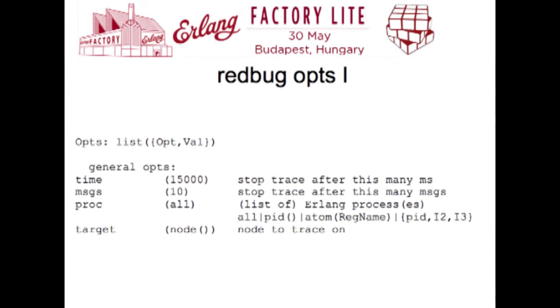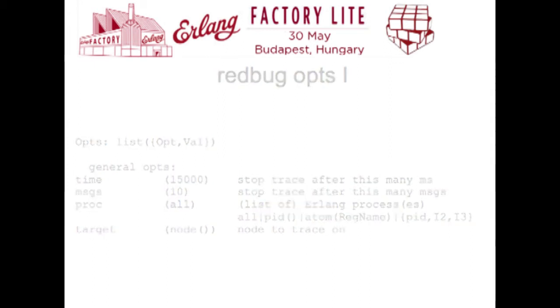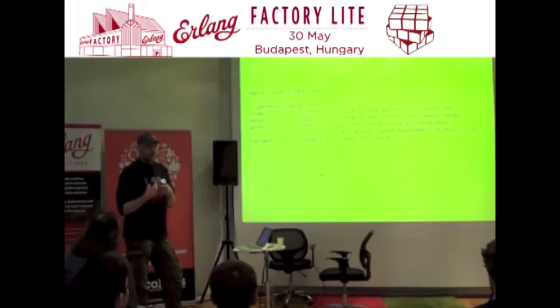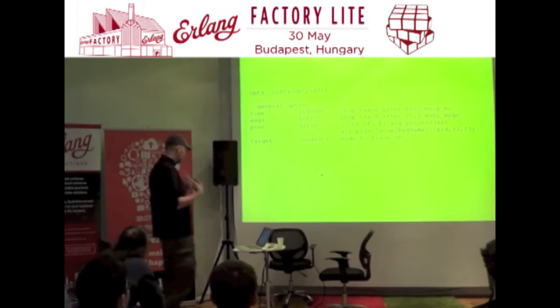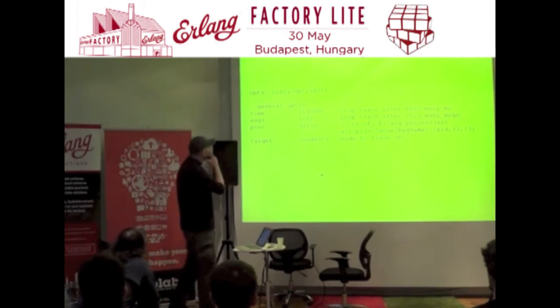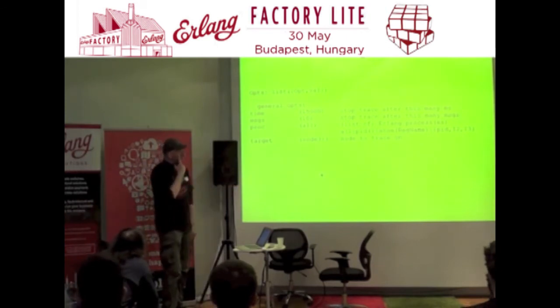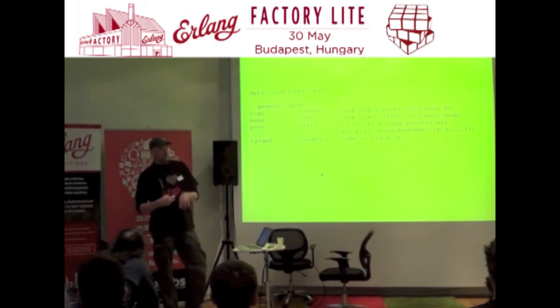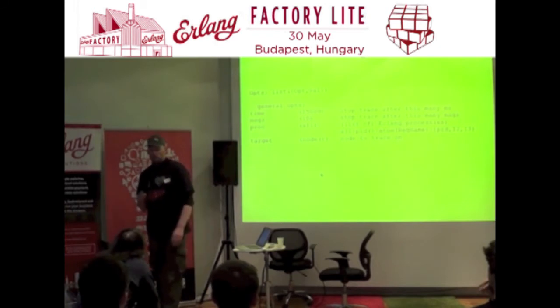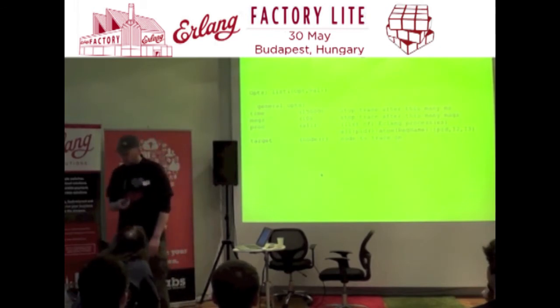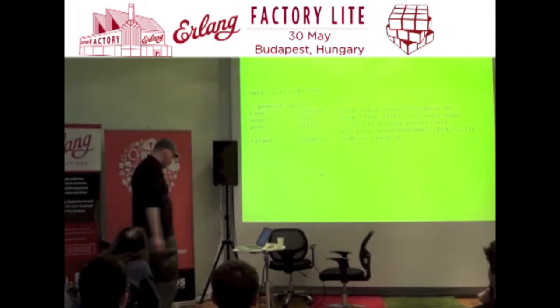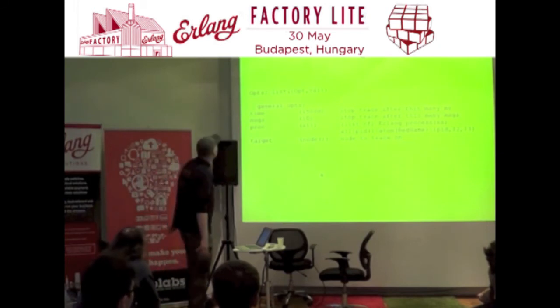It will also kill itself if it gets into trouble, if too many messages are coming in, or too big messages, and so on. So it's pretty conservative. I can say we run it all the time at Klarna. We run this on live machines all the time, and it's never crashed a machine. So it's better than the Frankfurt one.